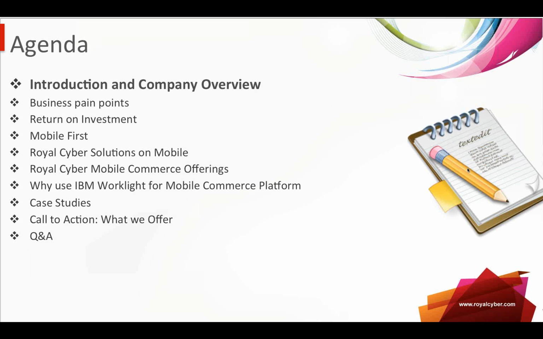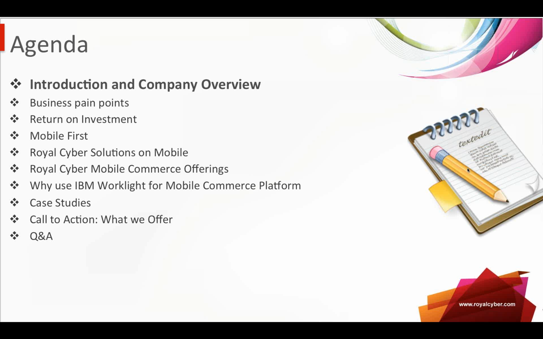Then we will cover Royal Cyber's mobile commerce offerings, what we have to offer, why use IBM Worklight for a mobile commerce platform, and some case studies that we did. Then we'll do a call to action, that is what we offer, and a Q&A session.